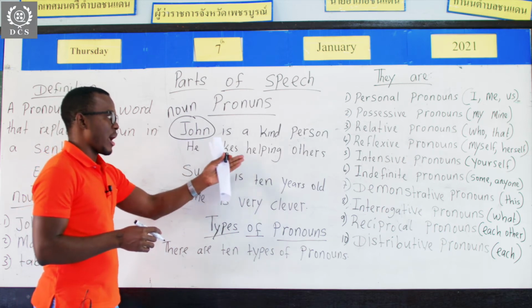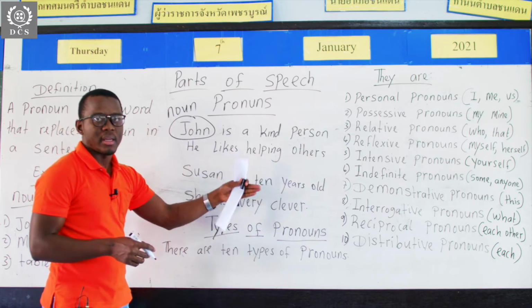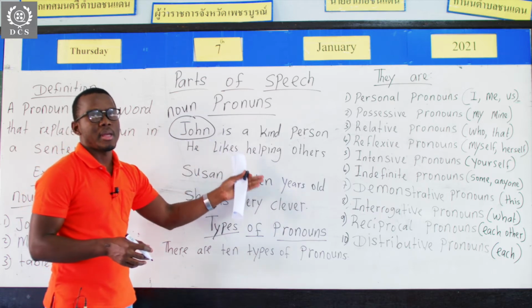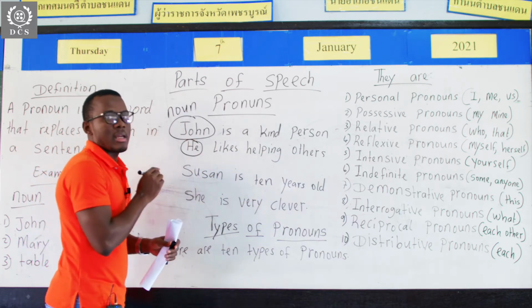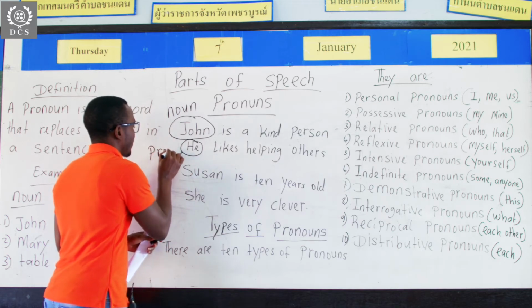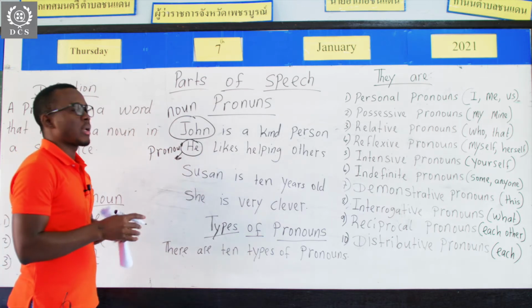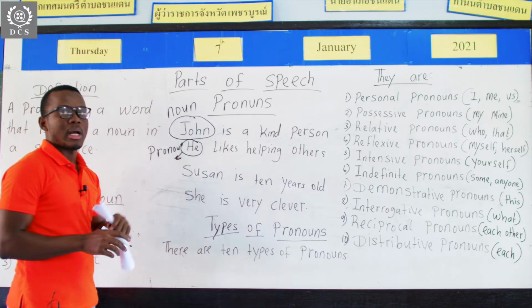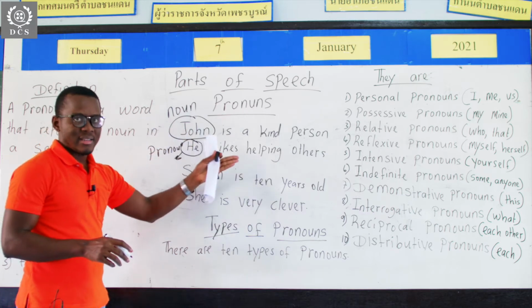He likes helping others. So he here is a pronoun. So John is a noun. He is a pronoun. So he replaces John in a sentence.